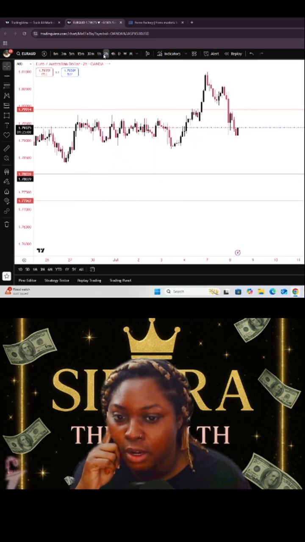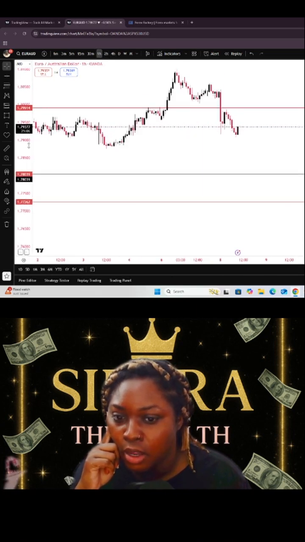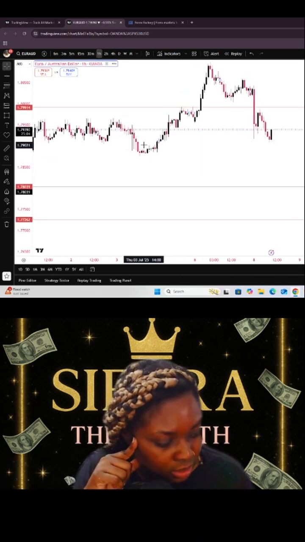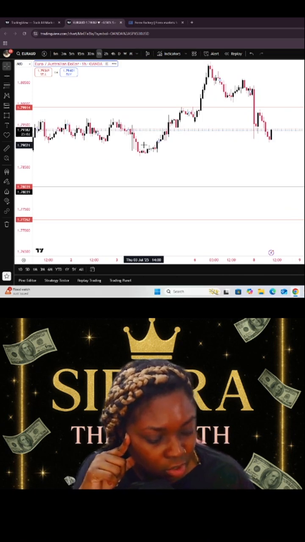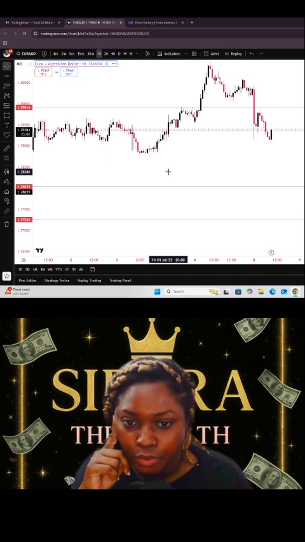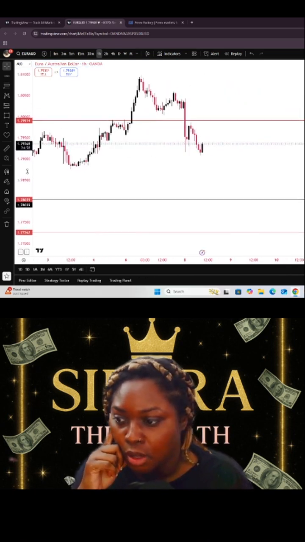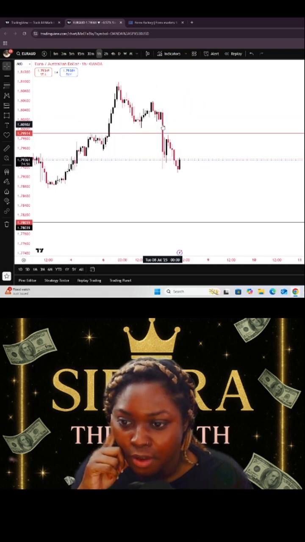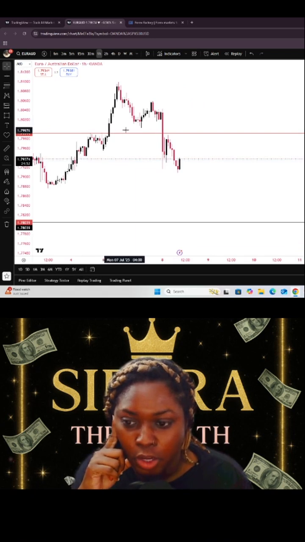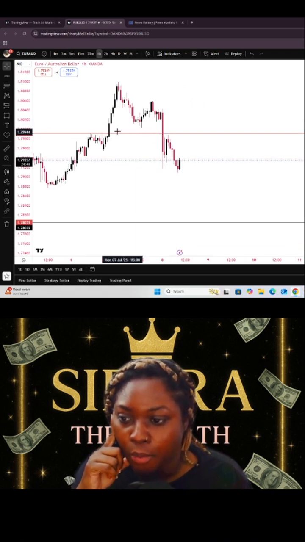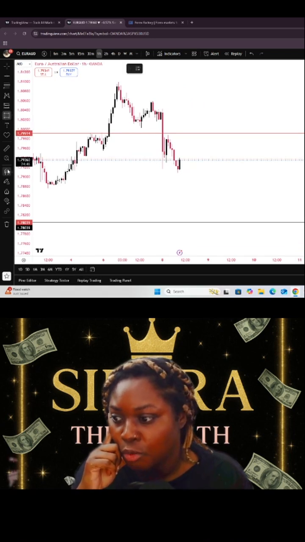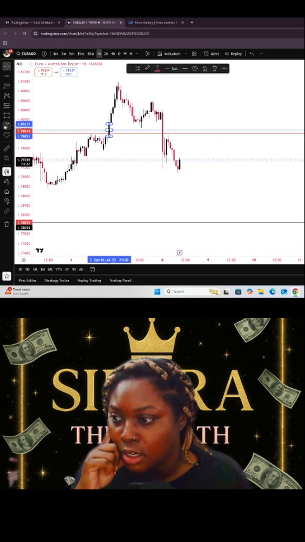So now I want to come down to my 1 hour, and I just want to see what price is telling me here. I have a fair value gap and an inversion fair value gap. When you have them next to each other like this, it's called a price balance range. So price should surely come back to here.